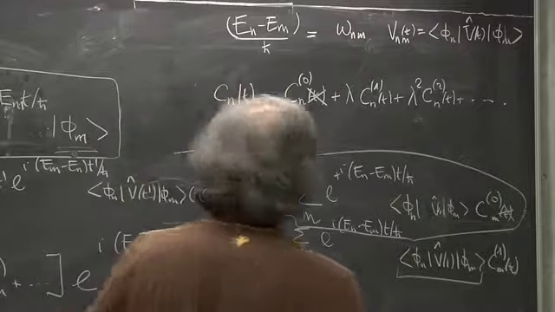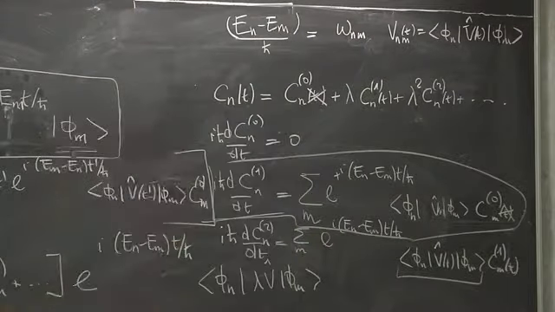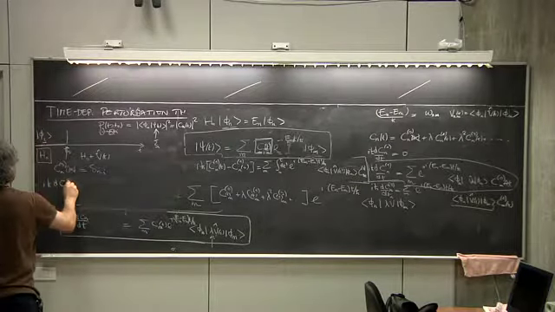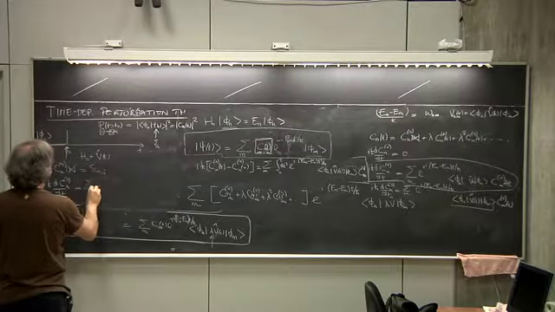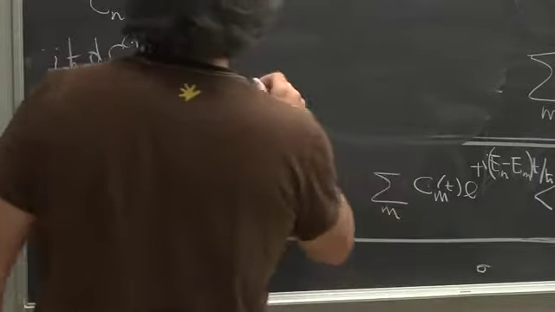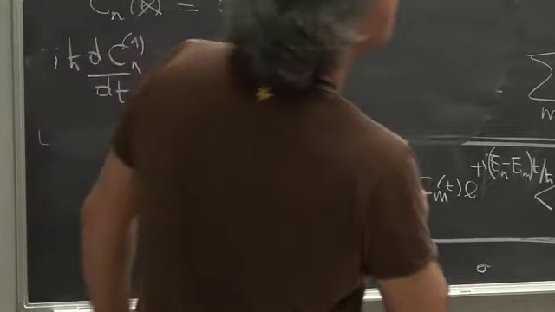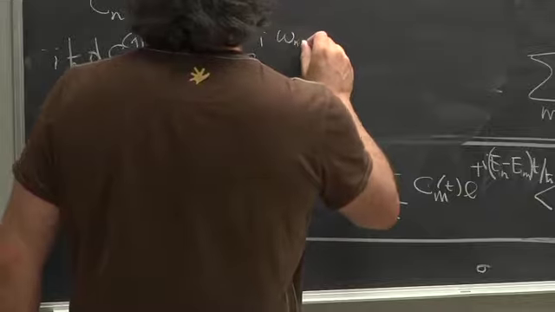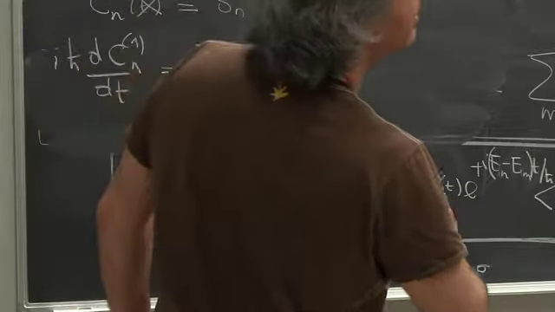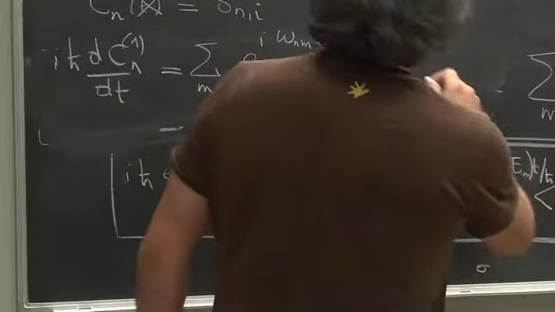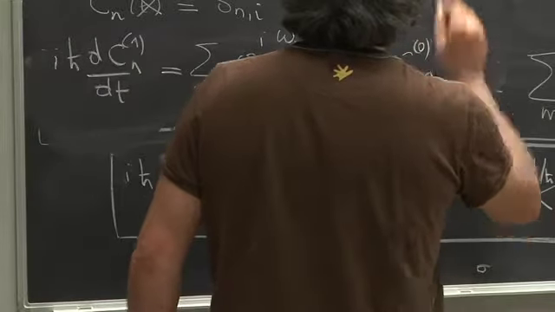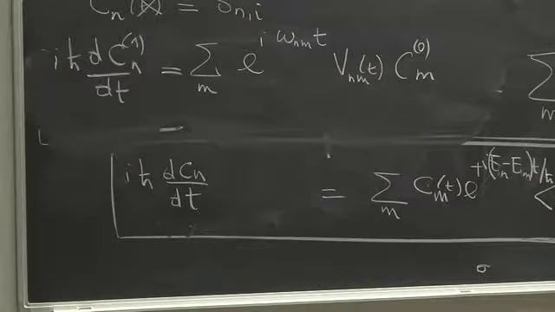With this shorthand, the equation for C1 would look something like this: I h bar, the derivative of C1 of n, equal to the sum over m, e to the I omega nm t times Vnm of t times C0m. This is just a shorthand for that.